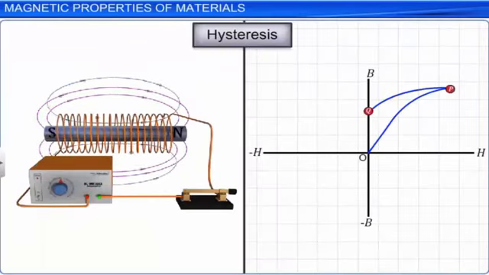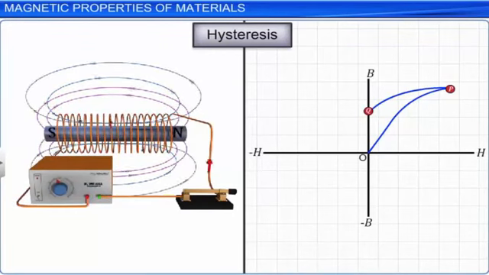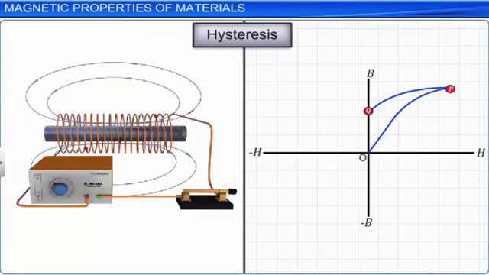Now increase the current through the solenoid in a direction reverse to that of the previous one. Thus, certain domains in the ferromagnetic material are flipped until the net field inside it stands nullified. This is represented by the curve QR in the graph.